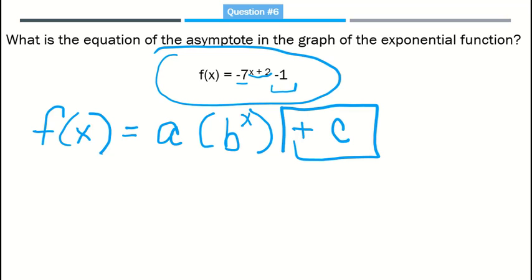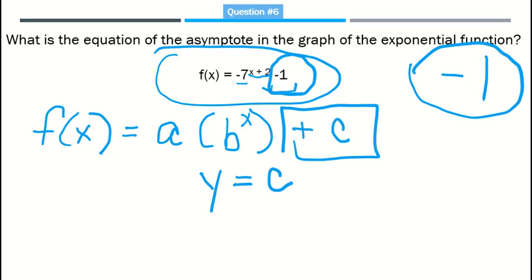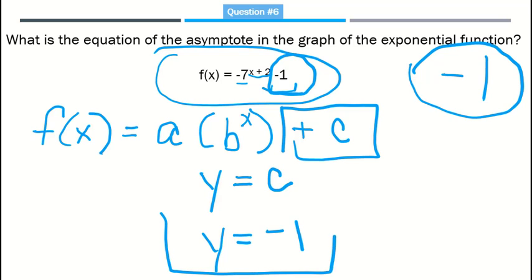All we have to do is identify what this is, and in our function it's minus 1, and then our horizontal asymptote is going to be y equals c. So we're going to take this number and plug it in. Y equals negative 1 is the equation of our line. That's our horizontal asymptote.